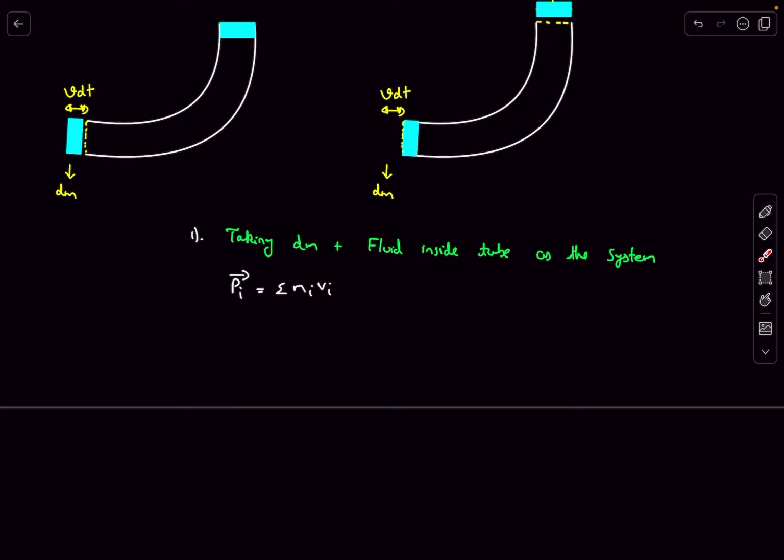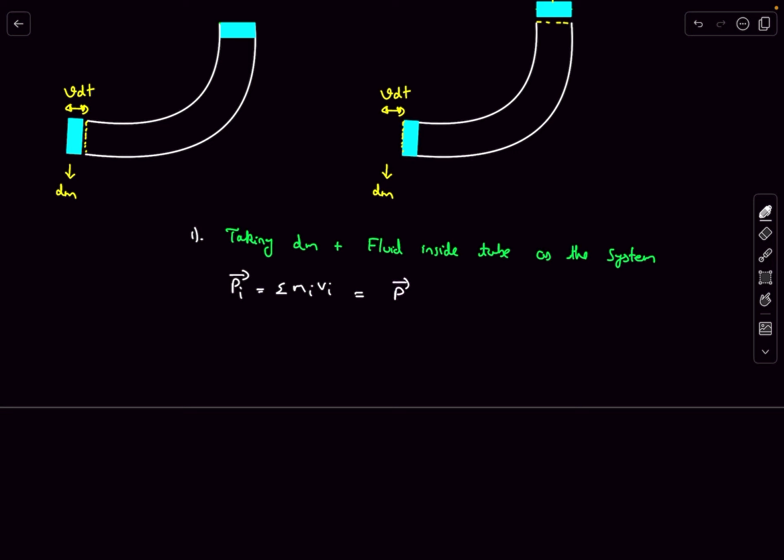Because there is no difference in what happens inside. So if I take a random particle m_i inside the tube, in this case let's say it is moving with v_i, so here also it will still move with the velocity of v_i. So we can say that the net momentum inside the tube is the same in both the cases. So I'm just going to call the momentum due to the fluid inside the tube as just p vector.